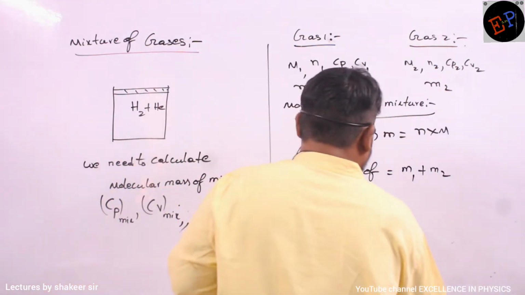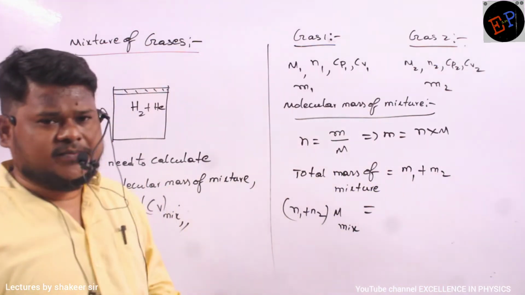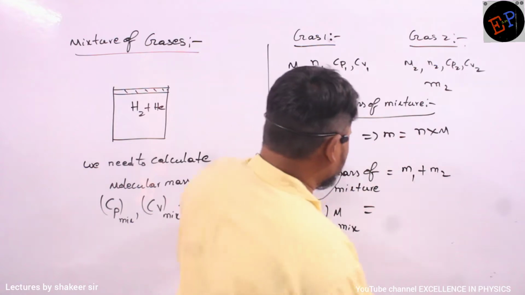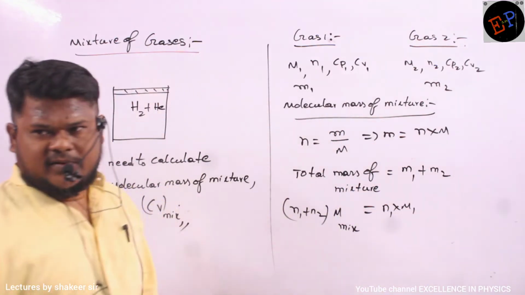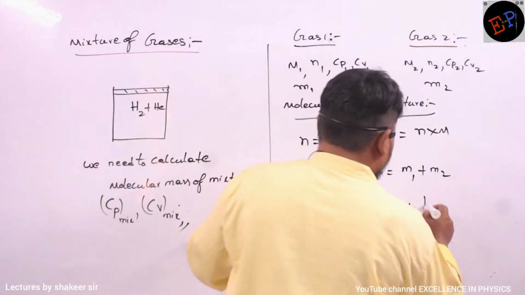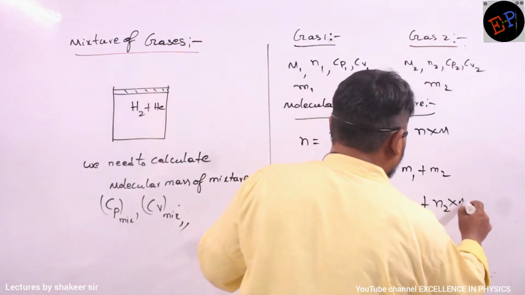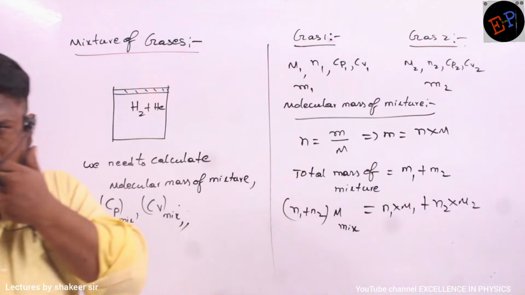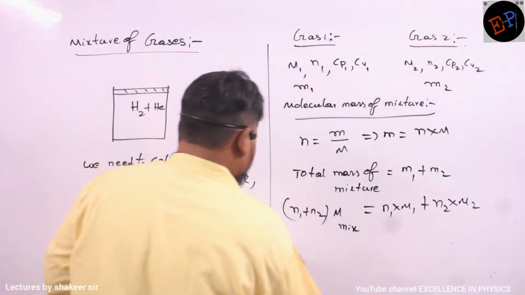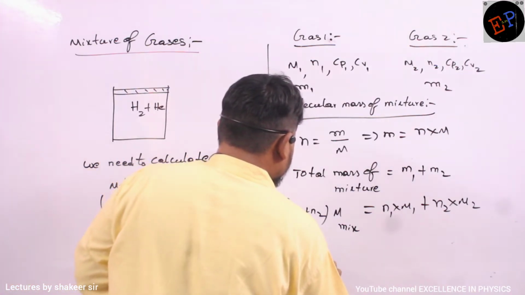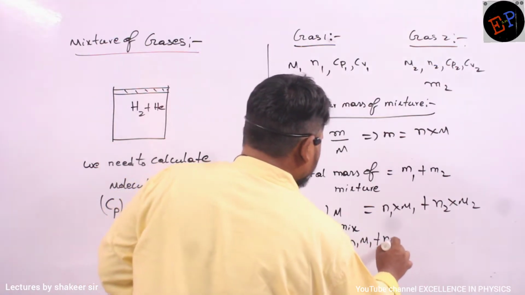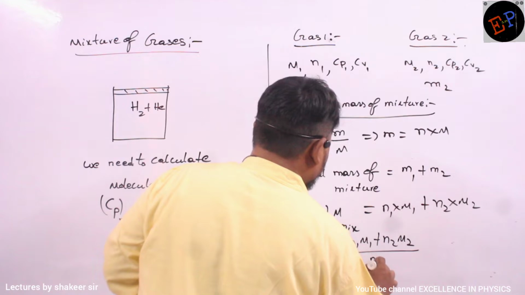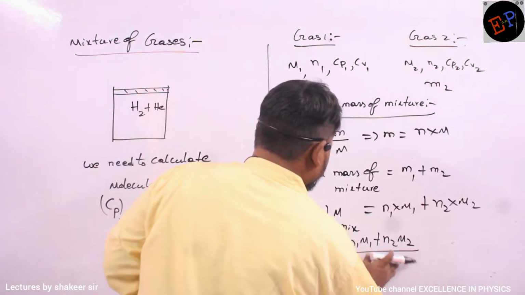So this is equal to: what is the mass of the first gas? The number of moles of the first gas is n1 and its molecular mass is m1. That is how we write it. Similarly, what is the mass of the second gas? n2 multiplied by m2. Are you able to understand what is happening? So therefore, the molecular mass of the mixture is n1 m1 plus n2 m2 divided by n1 plus n2.